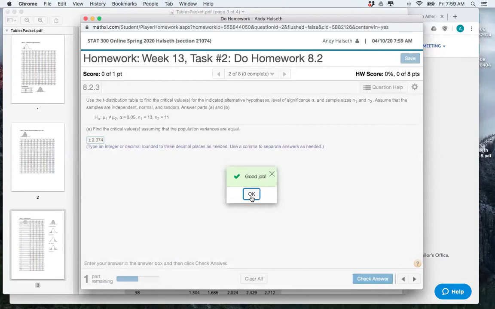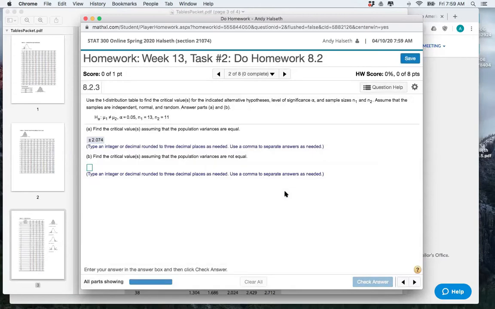All right, the next one says, find the critical values assuming the population variances are not equal. Okay, that's the right-hand formula where it says population variances are not equal on your handout. That one says do degrees of freedom the smaller of n1 minus 1 and n2 minus 1. So in this problem, the smaller one is 11. And so I'm just going to subtract 1 from that, which is 10.